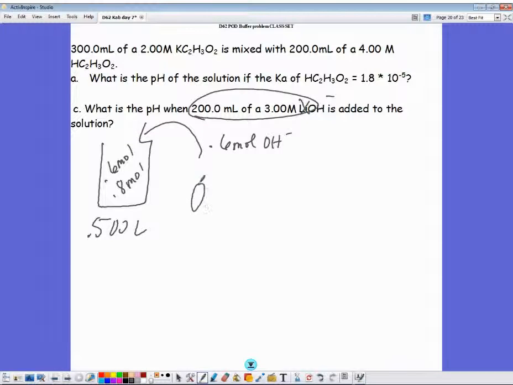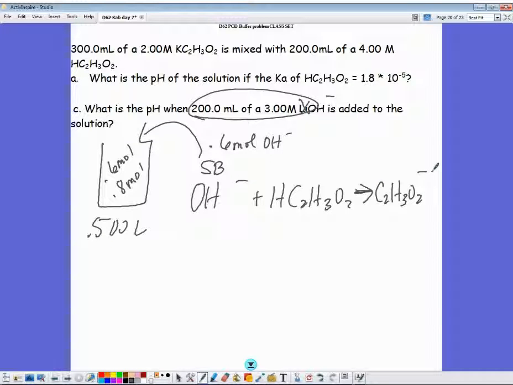Okay, so OH-, now who's going to gobble up OH-? The acid. Acids react with bases, not the other way around. Bases don't react with bases, acids don't react with acids. So I get a single arrow because this guy is a strong base, and I'm left with C2H3O2- and HOH.